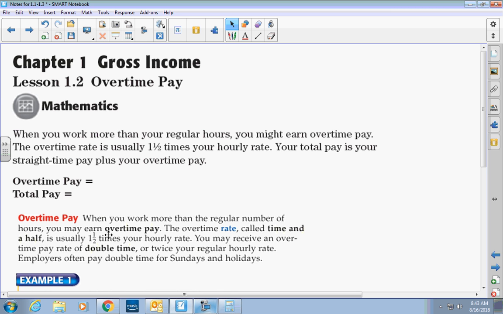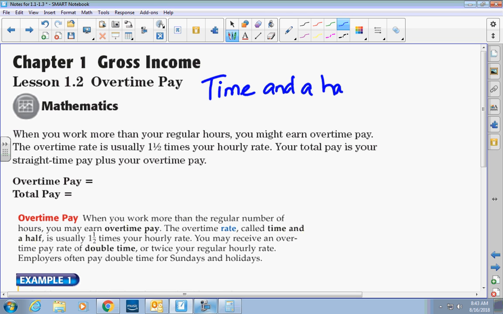When you work more than your regular hours, you might earn overtime pay. Please write this on your paper because it's going to happen. When you see the words time and a half, all that means is we're going to do the regular time calculation, your hourly wage times the number of hours you work, but then you multiply it by 1.5.